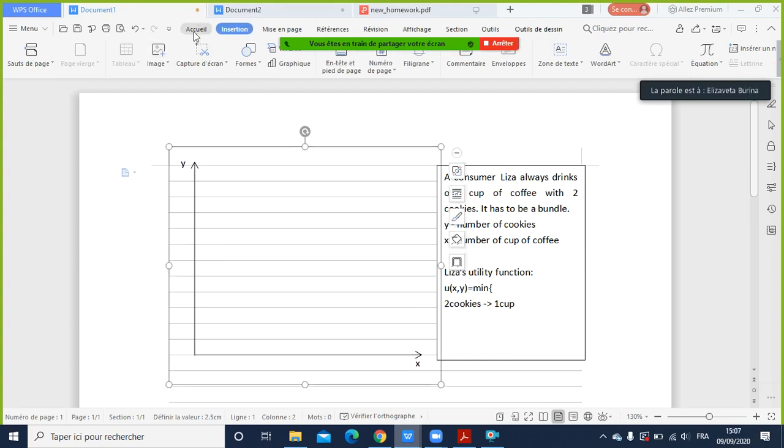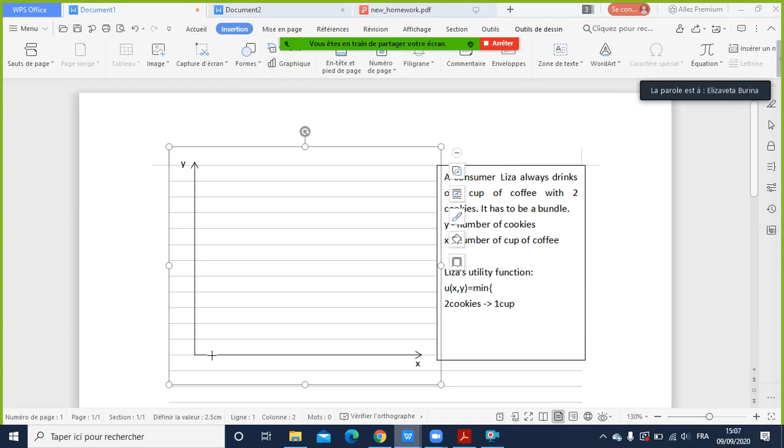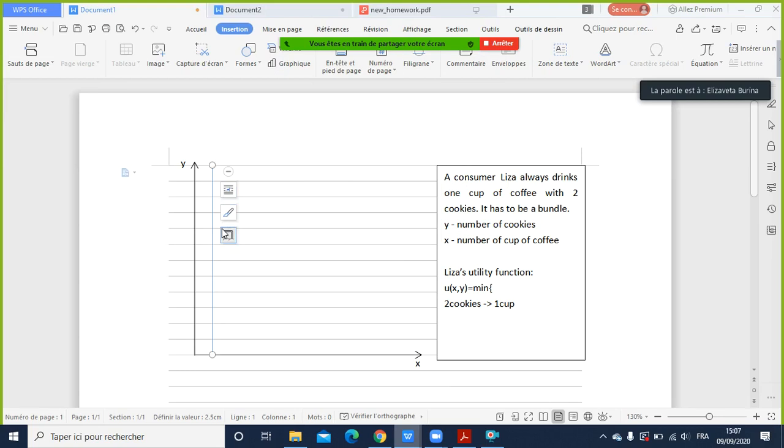Okay, great. So my first dot will be on the level of x equaling 1, because that's 1 cup of coffee. And then y equaling 2.